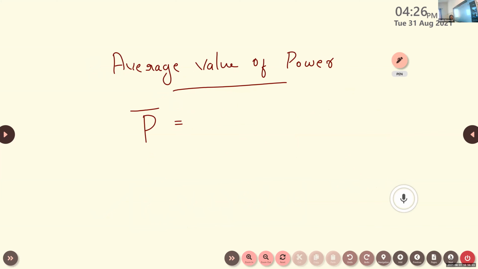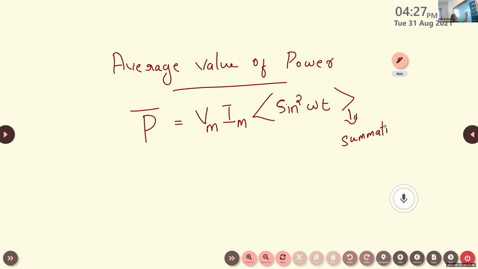Then the average value of power is given by P bar is equal to Vm into Im into the average of sine square omega t. This symbol represents averaging, and we read it as the average of sine square omega t.